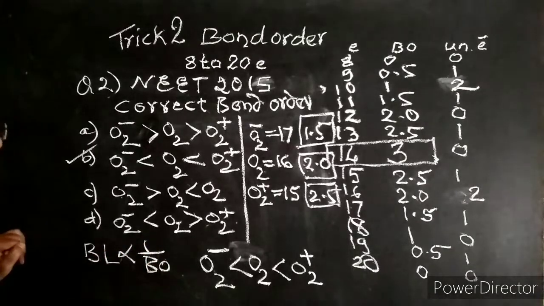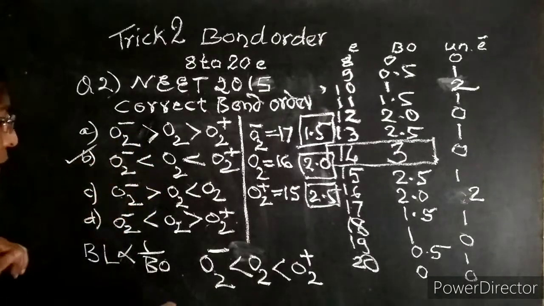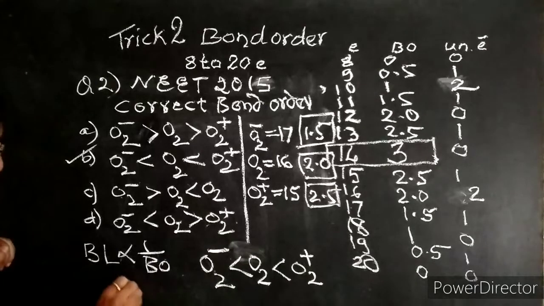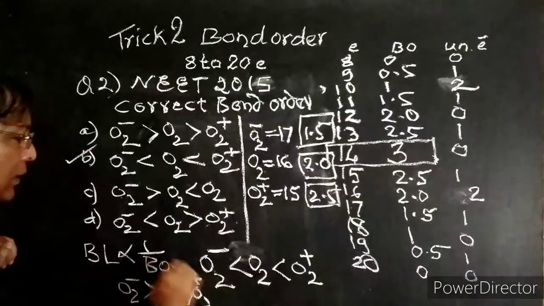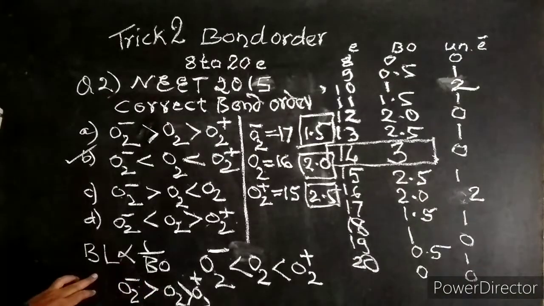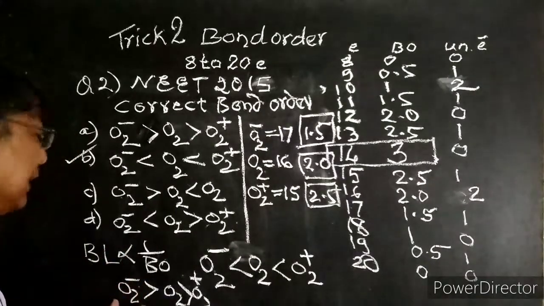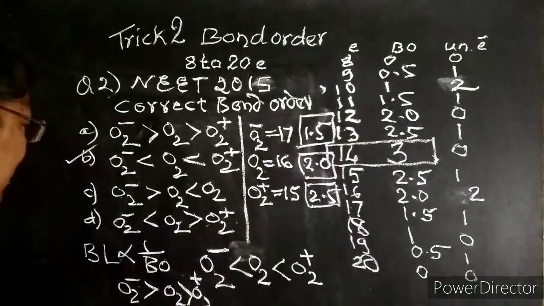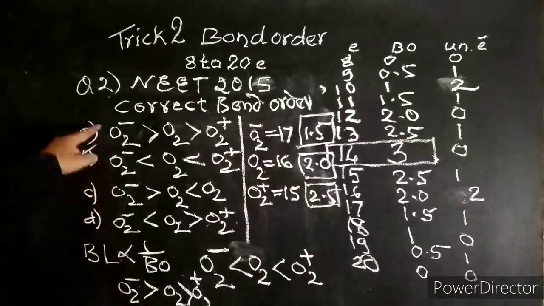Therefore, the answer will be that O2 minus has higher bond length than O2 plus, because as the bond length increases, bond order decreases. Therefore, the molecule having the low bond order has maximum bond length. This is the correct order for bond length in this example.